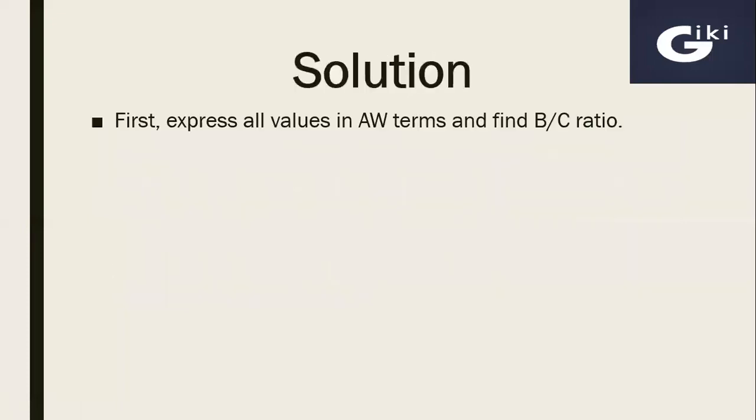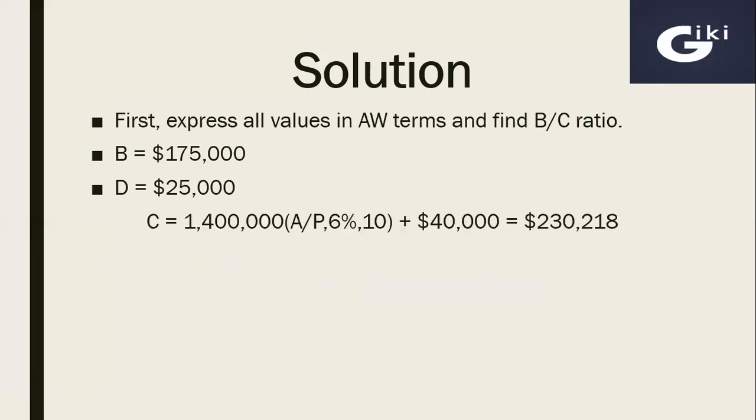First of all, we need to express all values in annual worth terms and find benefit cost ratio. So benefit is $175,000. Disbenefit is $25,000. Costs are: 1,400,000 or 1.4 million is initial investment.